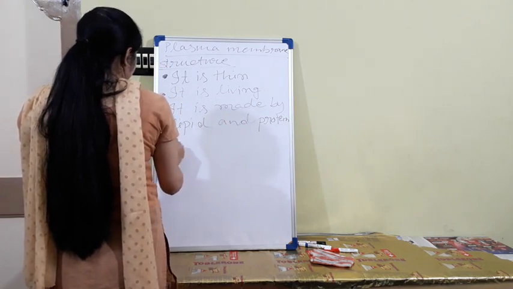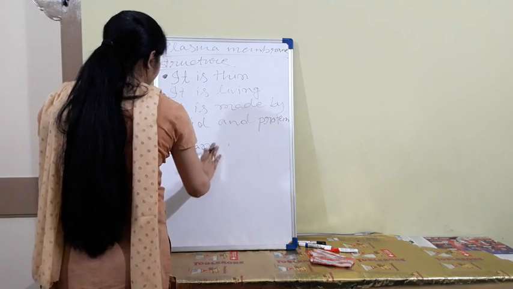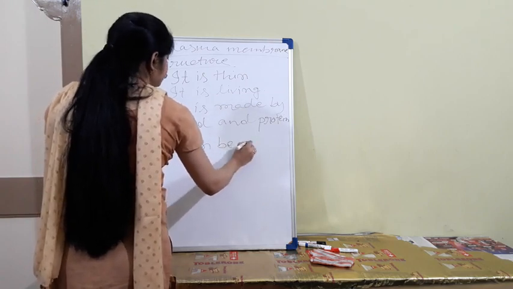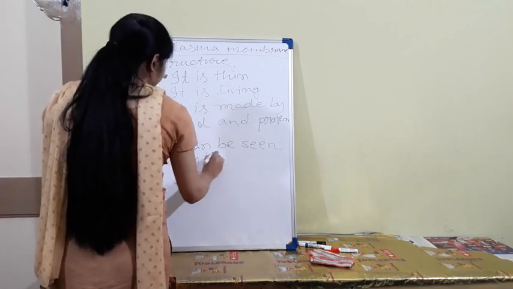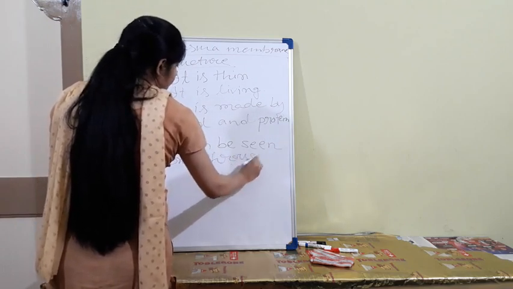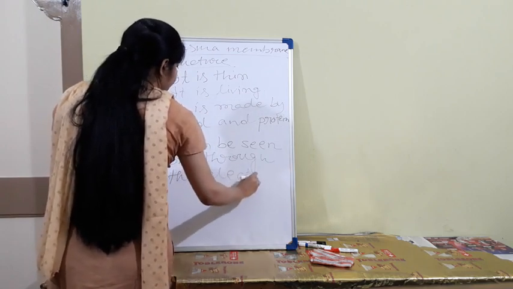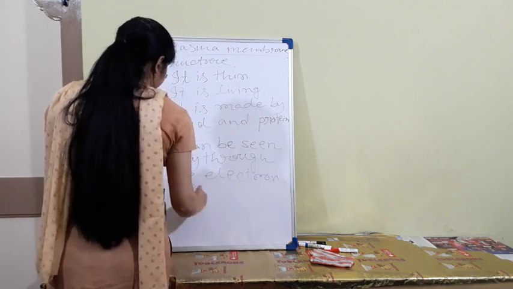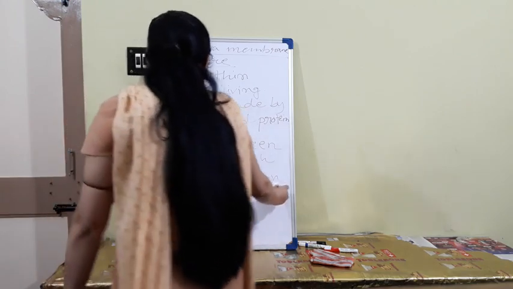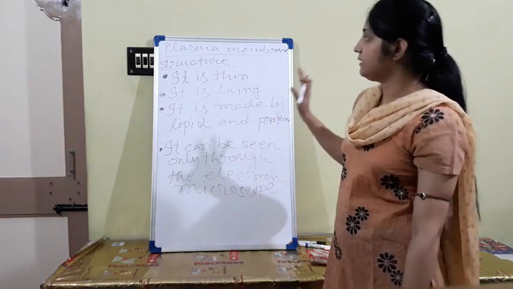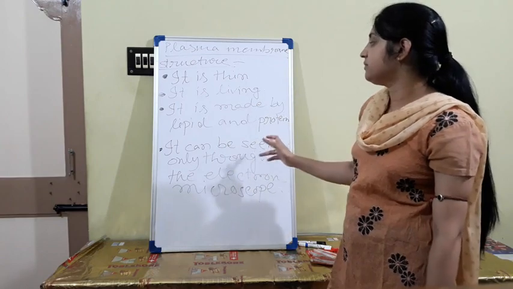Another one, it can be seen only through the electron microscope. So this is the main or primary structure of the plasma membrane: it is thin, it is living, it is made of lipid and protein.